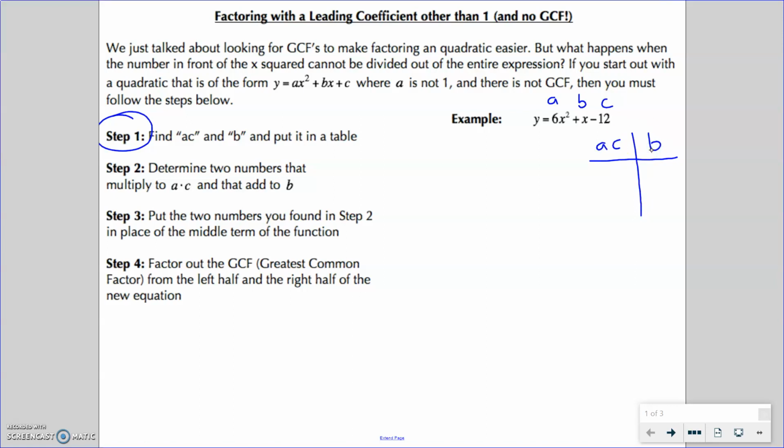You'll hear me refer to it as the ACB table, okay? What that means is when you put two letters next to each other in math, doesn't that mean to multiply them? So that means I'm going to do 6 times -12. And 6 times -12 gives me -72. I just did that in my calculator. And then the B value is 1, so I'm just going to put a 1 right there, okay?